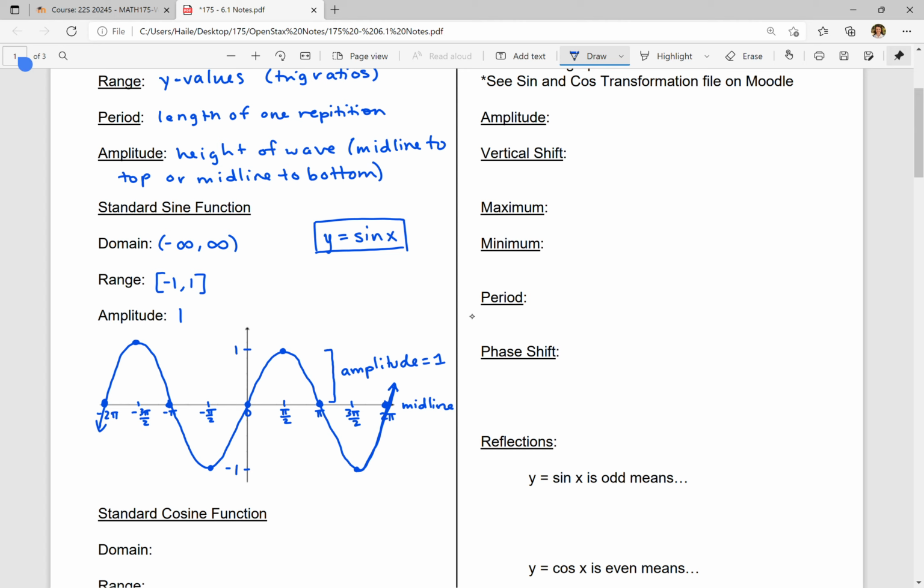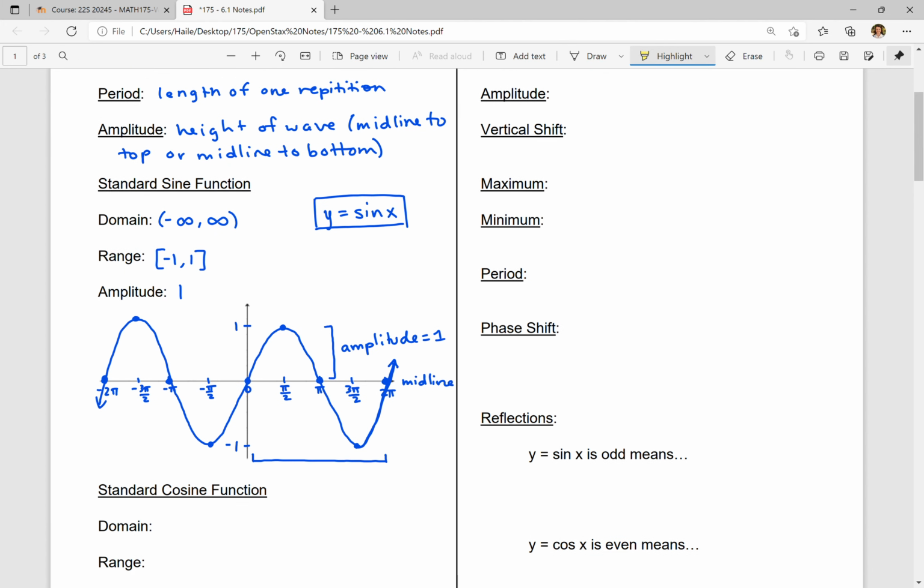And then also a period is going to be this length here. So basically if you look at the region of the graph from 0 to 2 pi, so maybe let me highlight this. If we look at this area of the graph right here, you'll notice that if we take this and sort of copy and paste it along the x-axis, we'd end up with that negative part as well.